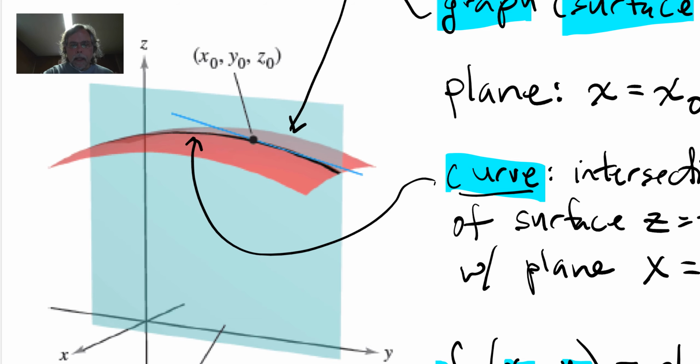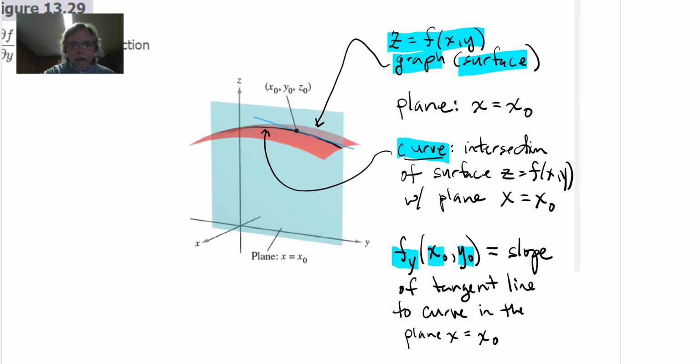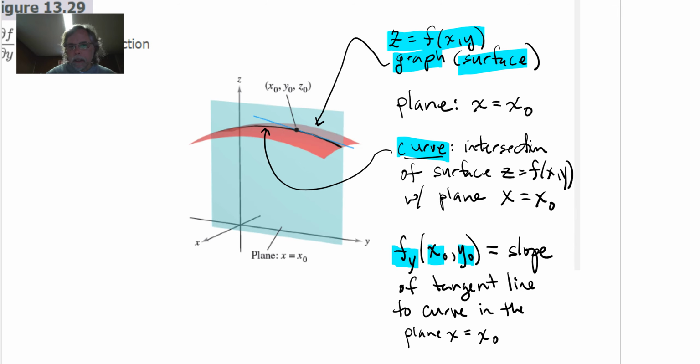And that's the value of the partial derivative at the point x0, y0. So the partial derivative with respect to y is equal to the slope of the tangent line to the curve in that plane x equals x0, or in the y direction. You can see that tangent line is in a plane which is parallel to the y-axis.